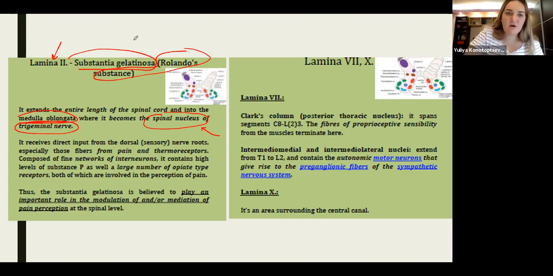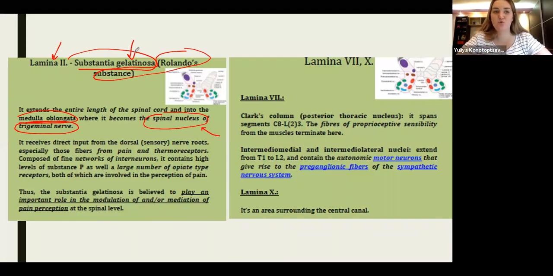That's why they are gelatinous. That's why they have this weird consistency. The axons there ascend through the entire length of the spinal cord, and they end up in the spinal nucleus of the trigeminal nerve, which is located in the medulla oblongata.